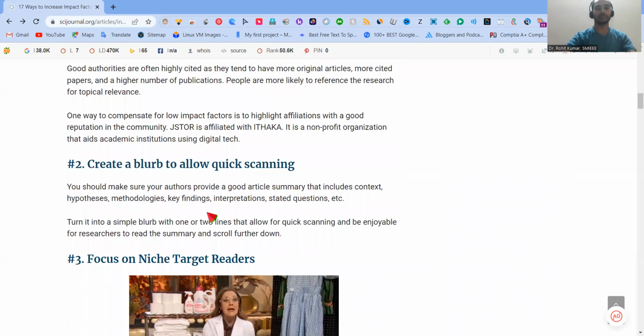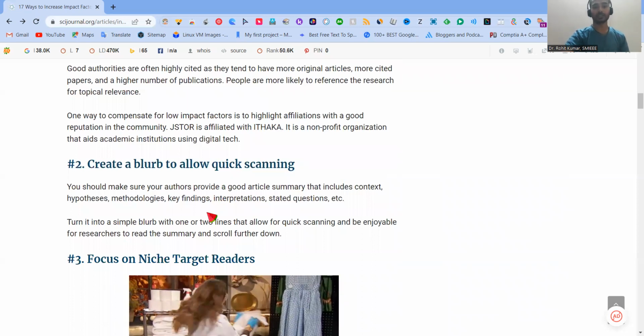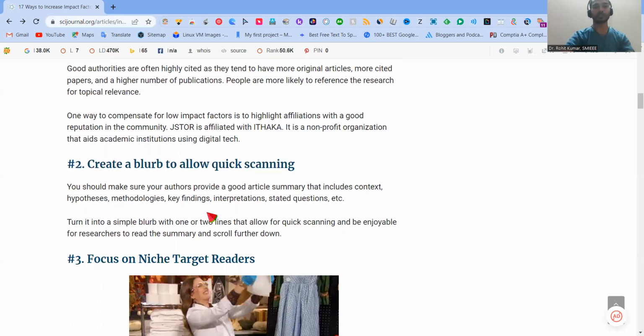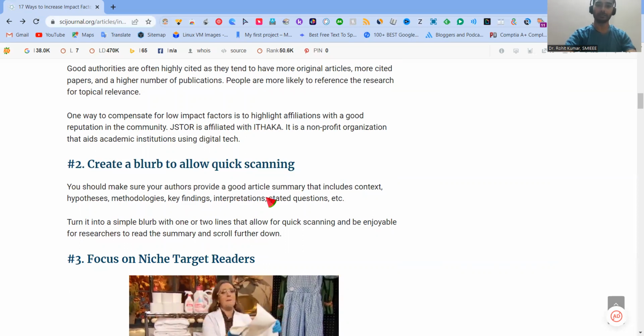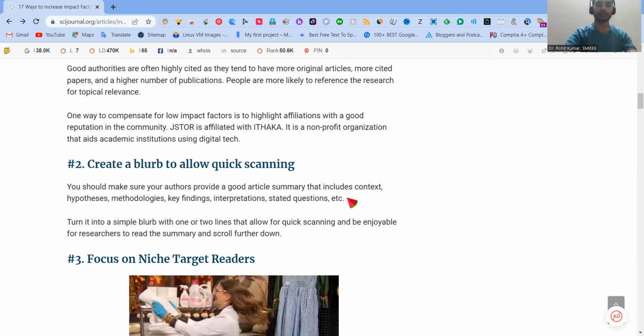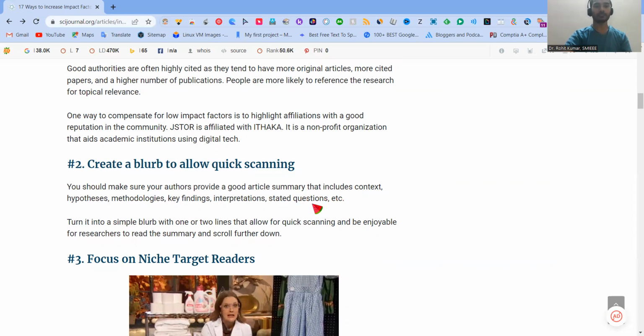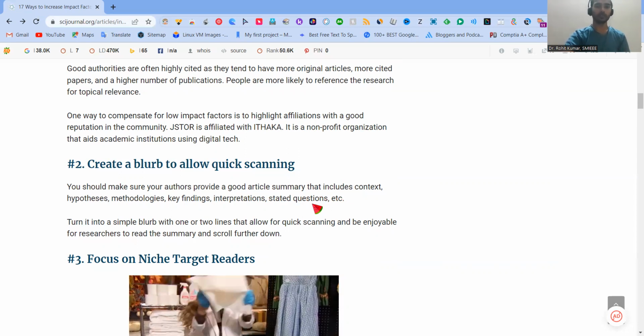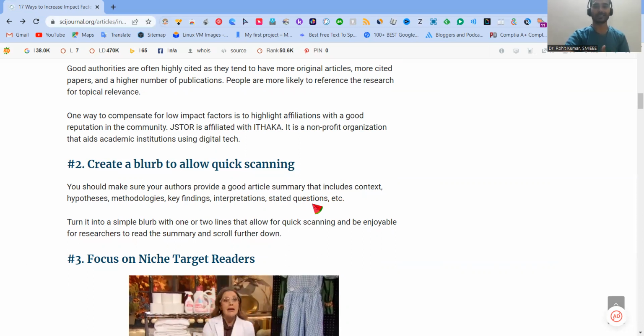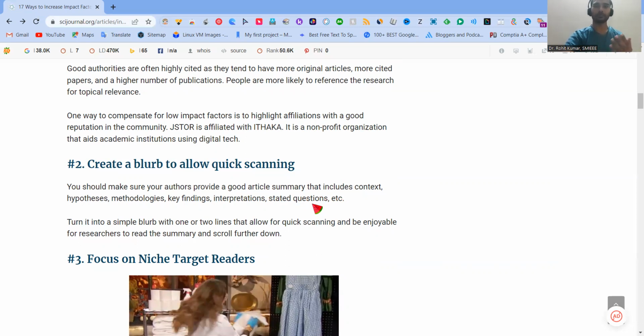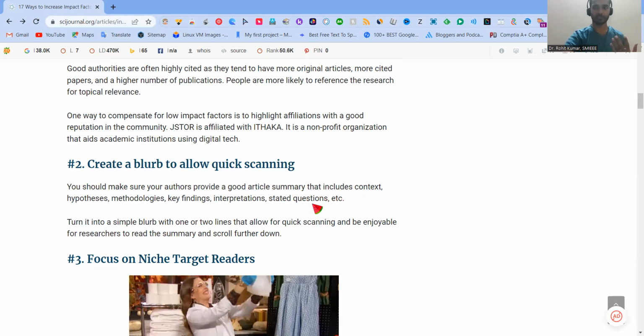Secondly, creating a blurb allowing quick scanning. If you have authors who provide good article summaries, including the context, hypothesis, methodologies, key findings, interpretation and other things, then it is possible to turn the simple blurb into 1 or 2 lines that allow quick scanning. Many times you must have seen that people ask for highlights for the journal.